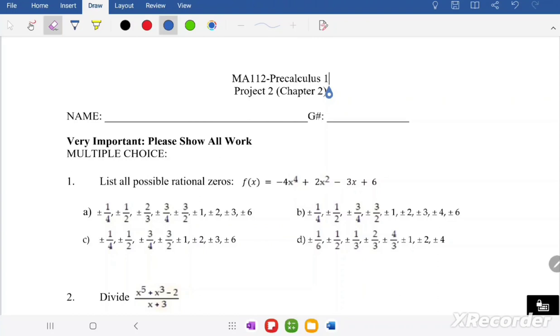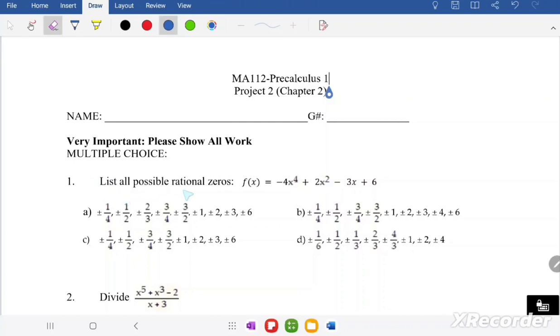The questions in test 2 are going to be very similar to the questions on the project, so it is in your interest to work through these and make sure you master how to solve these questions. All right. So to begin with, we will go through the multiple choice section first.